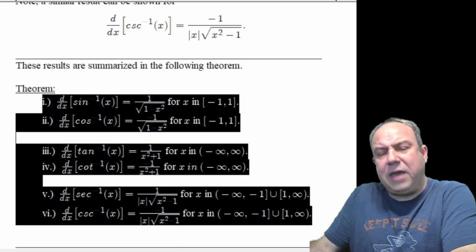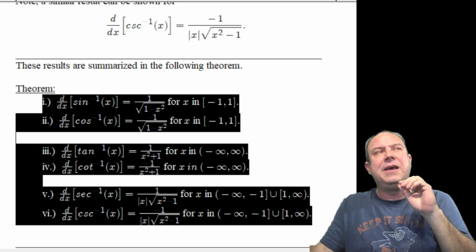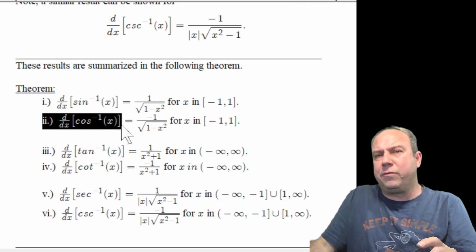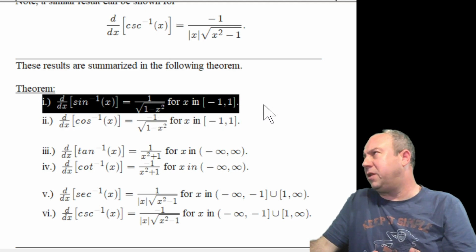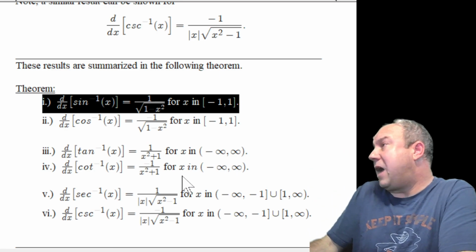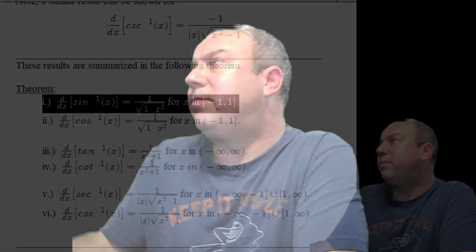And along the way here, we have proved every one of those results, or at least have given support for the proof, right? We didn't prove the cosine inverse here, but we did prove the sine inverse and said that it's very similar. All right? So, yeah, we are really at the end here, folks, with looking at specific cases of derivative rules.